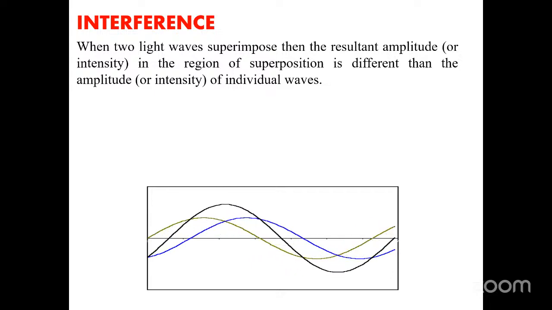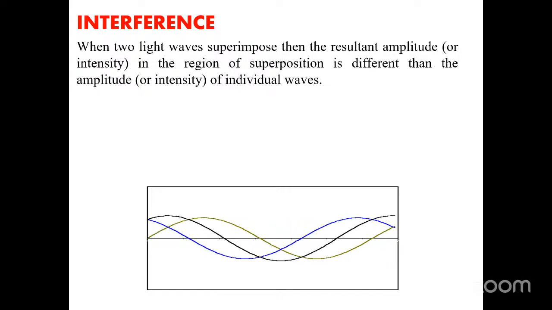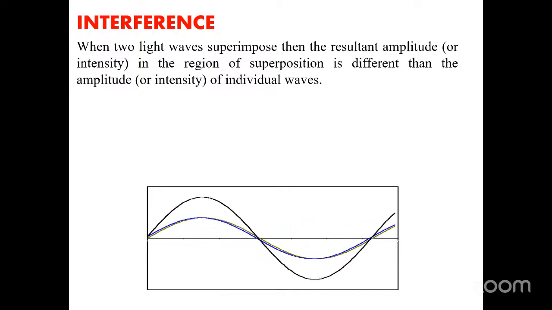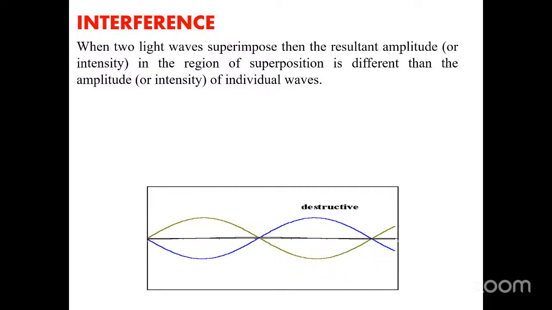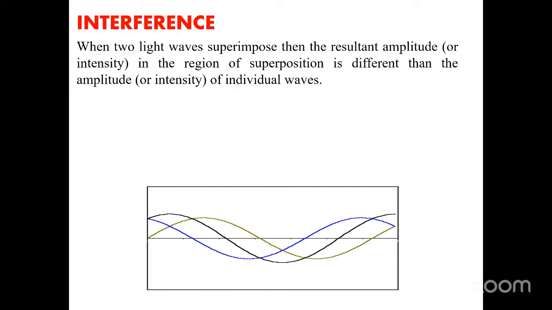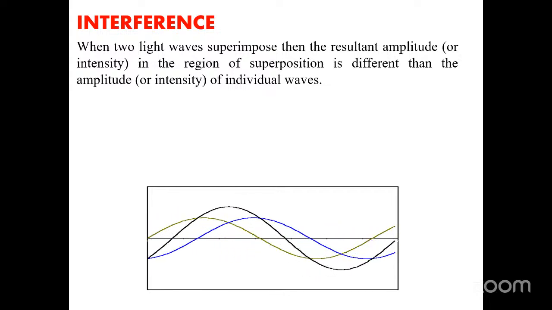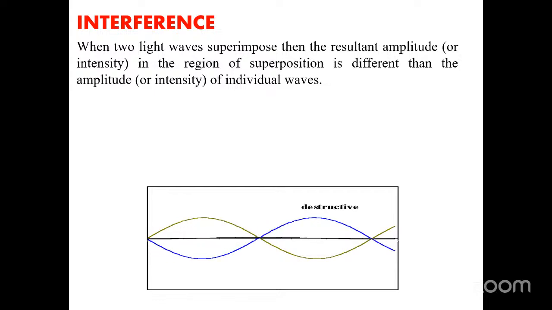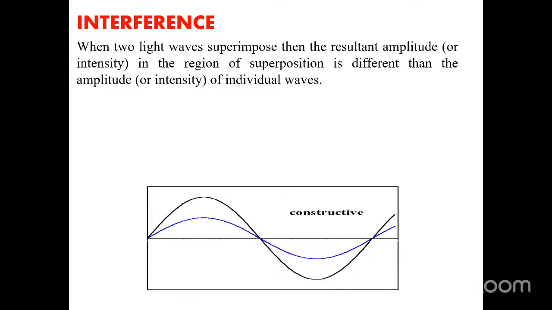Is it clear? In the case of constructive interference, a bright intensity of light is observed. Whereas in destructive interference, those two waves are out of phase or opposite, and the light intensity becomes 0.